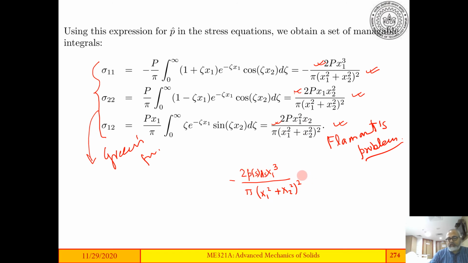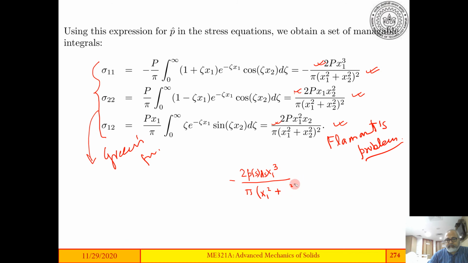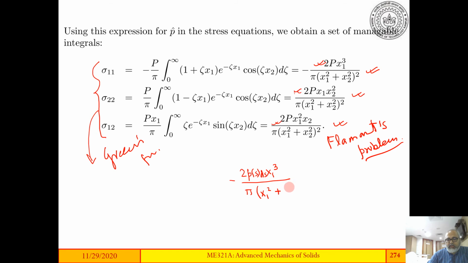But remember that I have now moved x2 by s, so instead of x2 I should write x2 minus s, whole squared, and then the whole thing squared. So this would be the contribution of that small black bar of load, and I have directly obtained that from the Flamant solution.